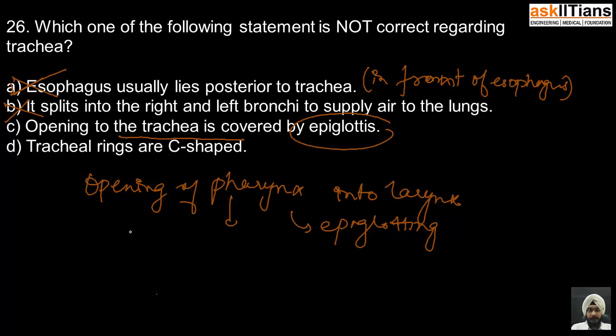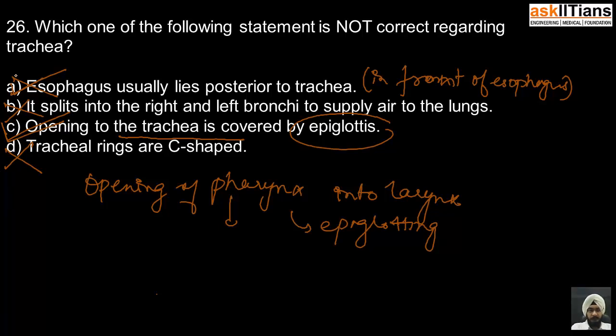When the food is getting swallowed, this epiglottis closes this opening so that the food does not go into the larynx and hence into the trachea. So it is basically the opening to the larynx which is covered by epiglottis. So this option is not correct, hence it should be the correct option. And the last says that tracheal rings are C-shaped cartilage rings, which is true, hence it is an incorrect option. So the correct is C.